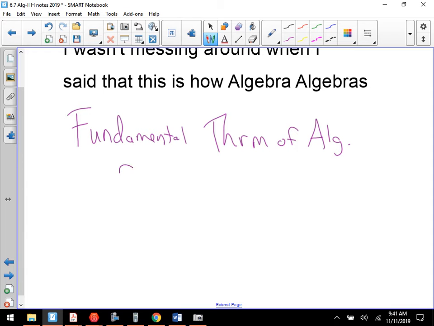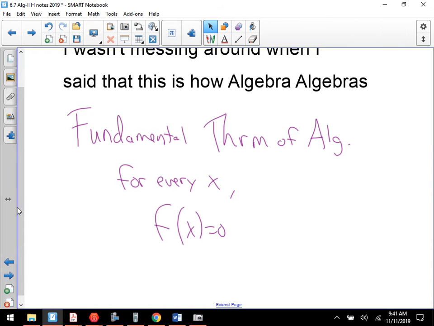It's basically this: for every x, there exists a 0. How do they write that? I think it's f of x, there's a 0. So basically, for every degree you have, you've got an answer.